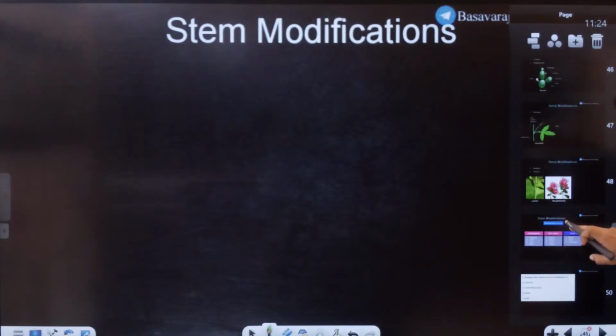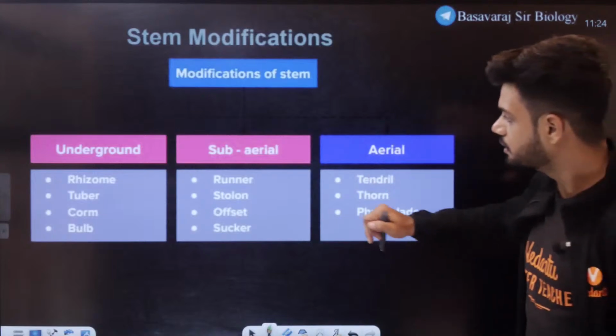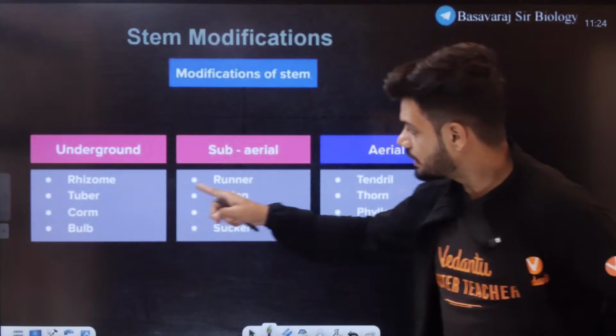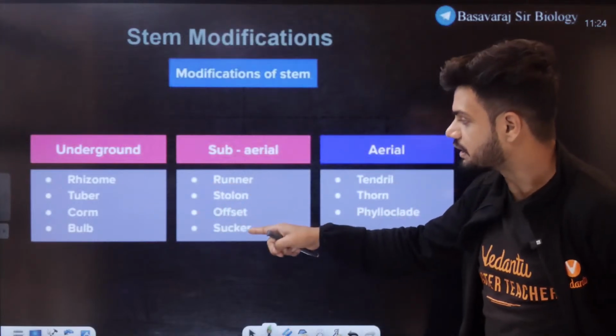Now students, let me give you a quick revision. Before we go to aerial, we learned about rhizome, tuber, corm, bulb. Here we learned about runner, stolon, offset, sucker.